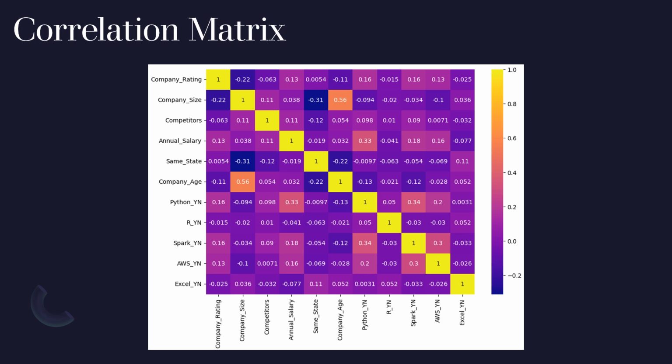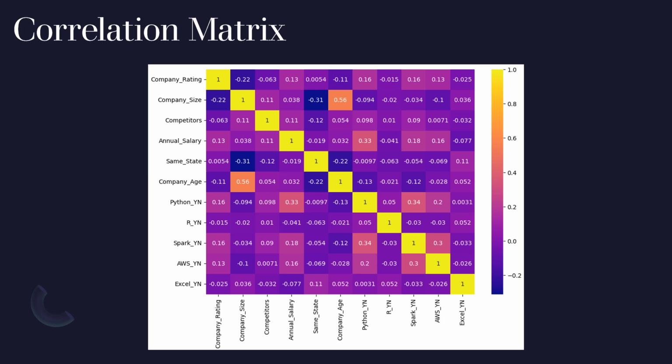Another correlation is between annual salary and Python. And this is kind of a start to answering our question of what do we need to know to make above median. And then you can see a correlation between Python and Spark, which simply means that if a company is requiring that you know Spark or Python, then it's probably going to require you to know the other.